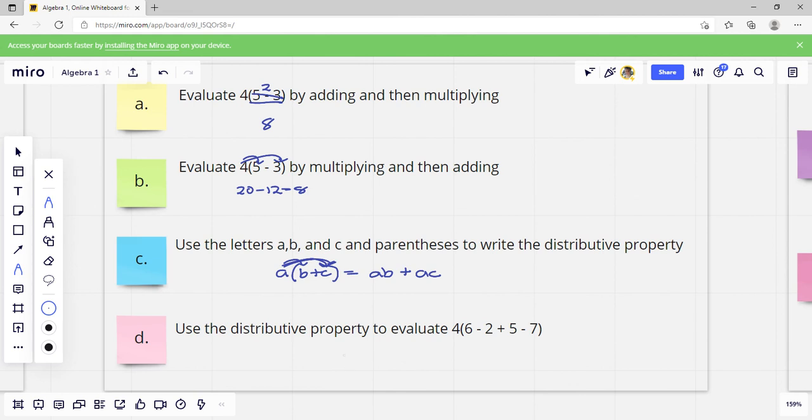Use the distributive property to evaluate these. So 6 times 4 would be 24. 4 times 2 would be 8, and that's negative 8. 4 times 5, positive 20. And then 4 times 7, negative 28. I'm going to put my negatives together, so 8 and 28 would be negative 36.